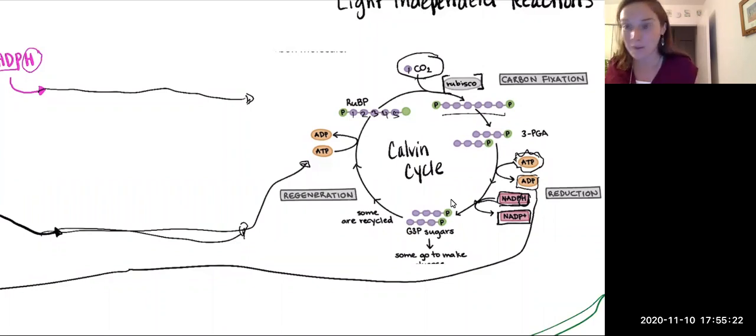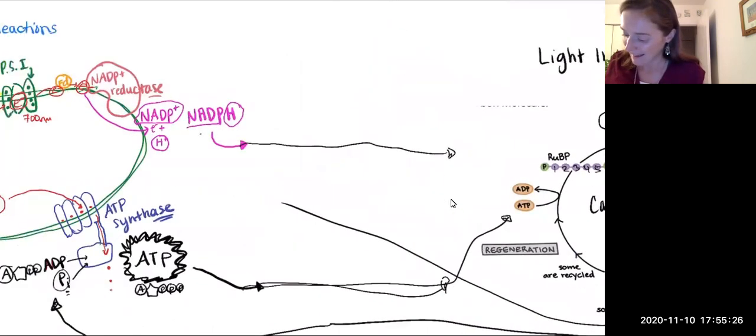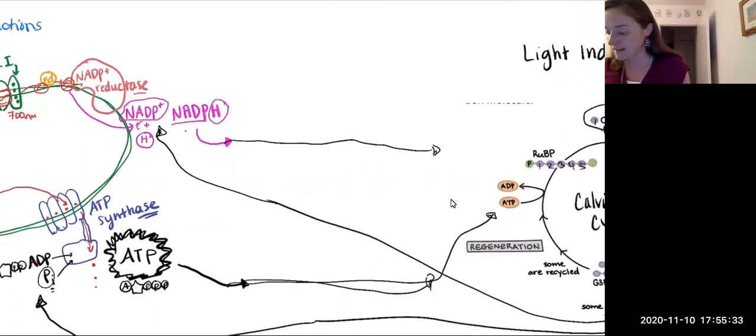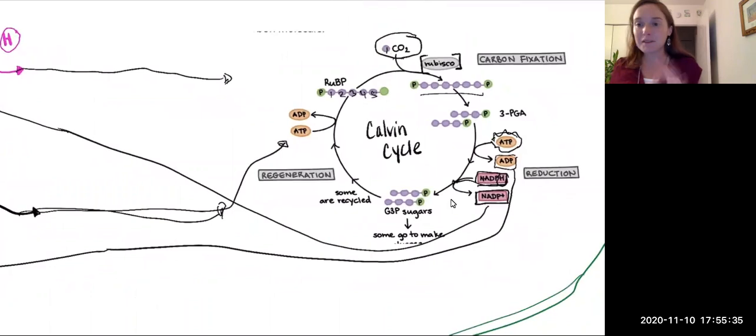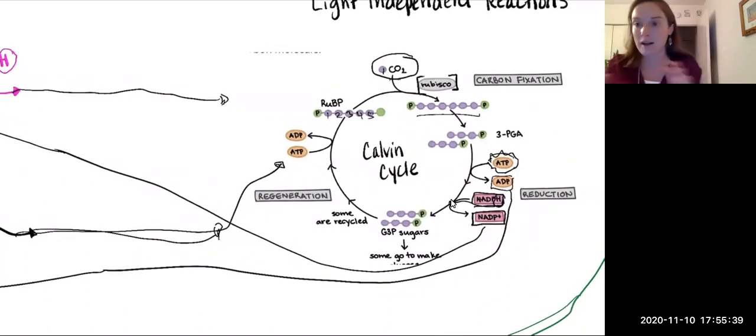So where's that going? If you're thinking back to the light dependent reactions, you're exactly right. It goes back over there and grabs another hydrogen and brings it back. Okay, so keep your diagram clean if you like it. I just drew these messy arrows to kind of show how interconnected these two processes are.